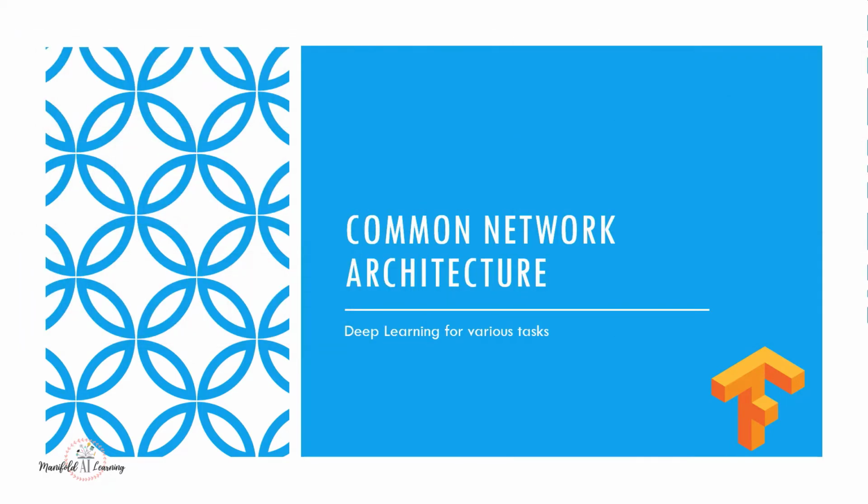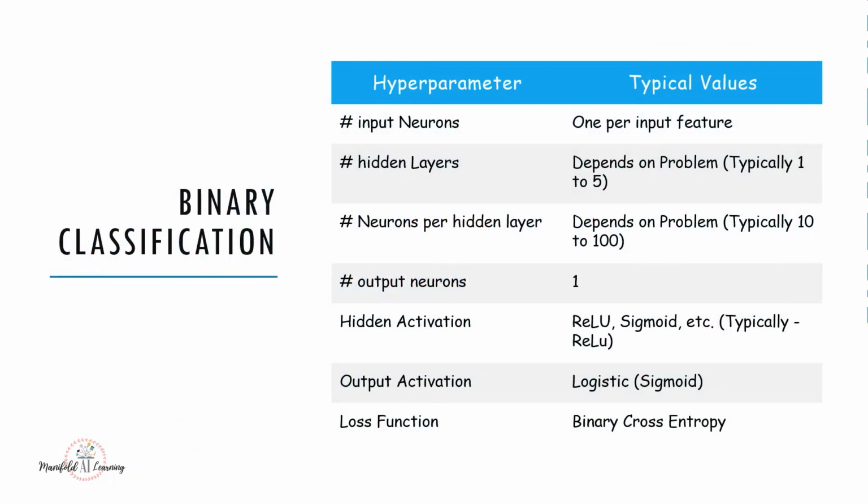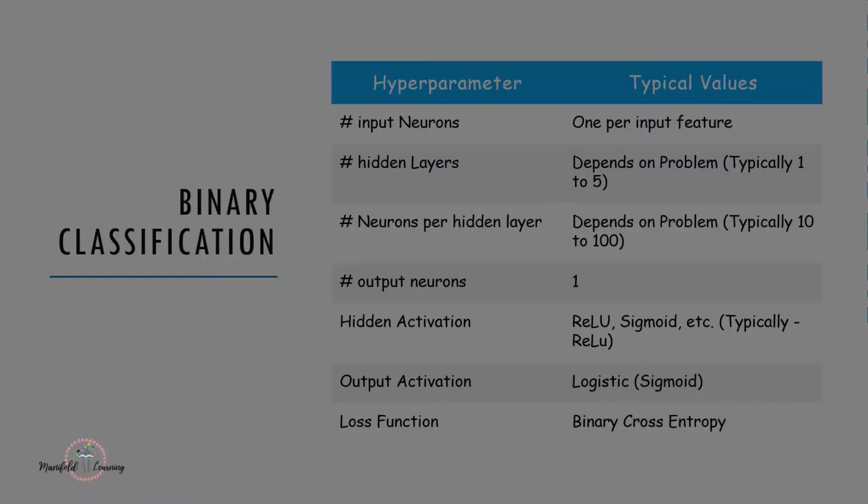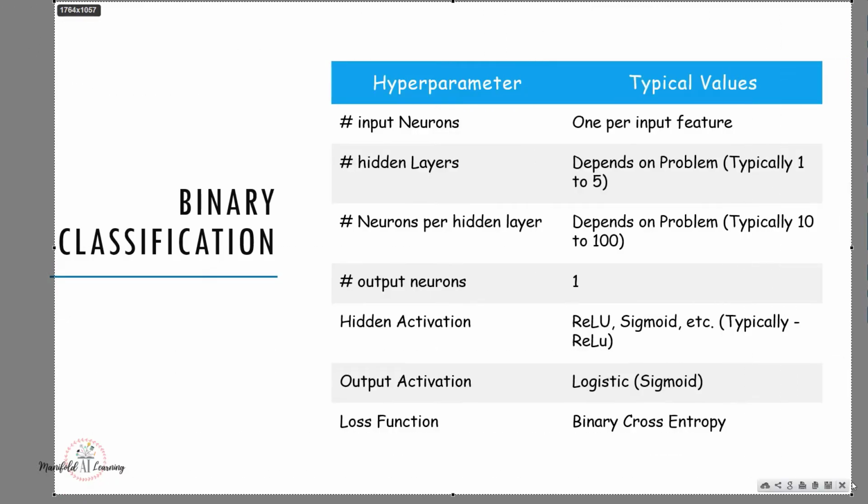Now, starting with binary classification. If I'm performing the task of binary classification, then in my input layer, I'll have one neuron per input feature. Just to bring back the memory, when we implemented the task of binary classification, my input data had two features, that means x1 and x2.